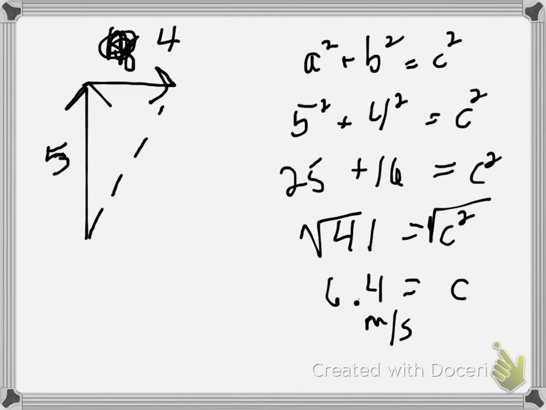So the overall velocity would be 6.4 meters per second. And that would basically be in whatever this direction is, looks kind of like northeast. So that's how you would figure out velocities if you were adding them together. Right, so that's vector addition dealing with velocities. The next thing that the chapter goes into is acceleration.